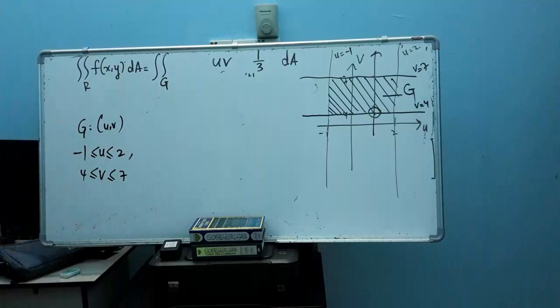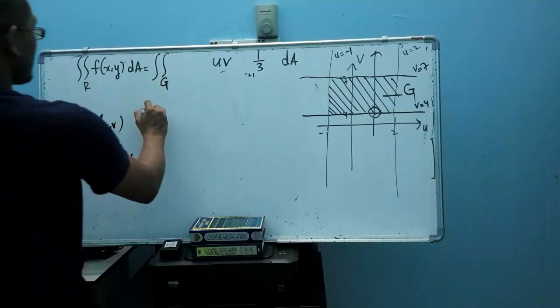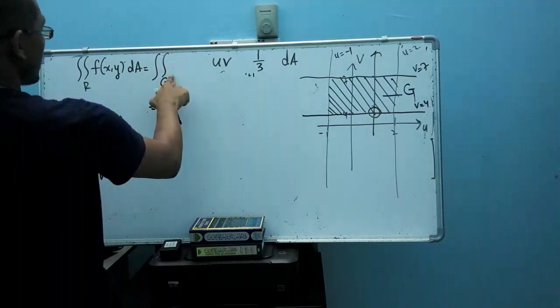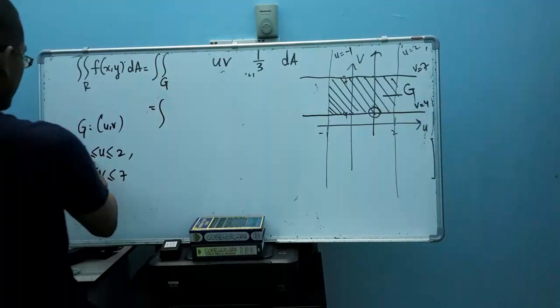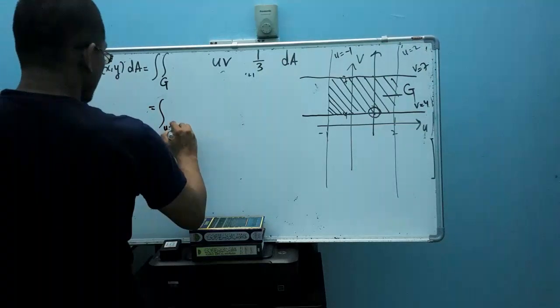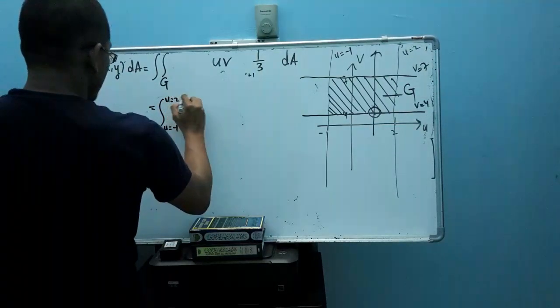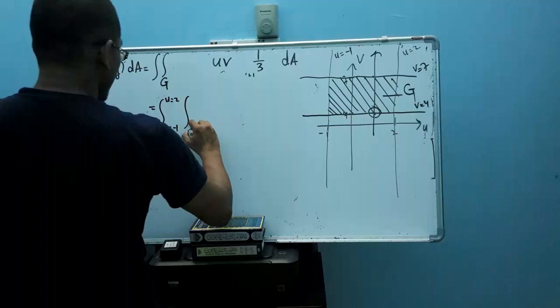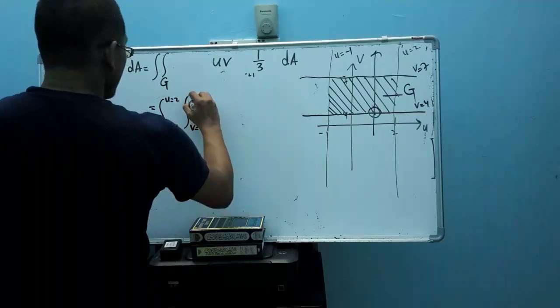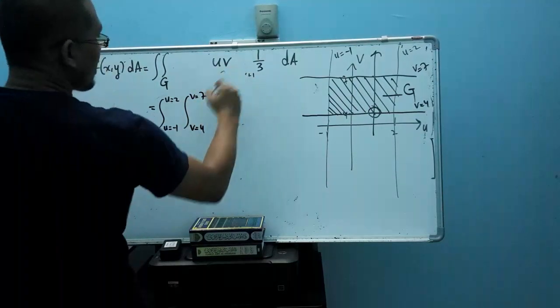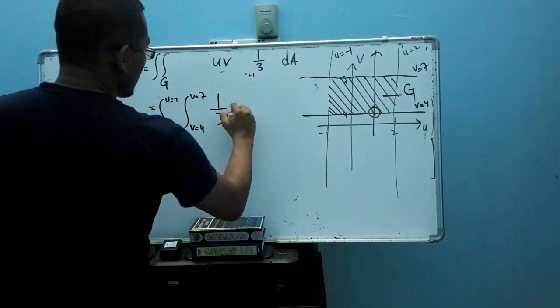Because it is a rectangle, it is easy to integrate. So my u is between minus 1 and 2, my v is between 4 and 7. Therefore, we have the new limits of integration. First I will consider u equals minus 1 to u equals 2, then the second one, v equals 4 to v equals 7, of 1 over 3 uv.